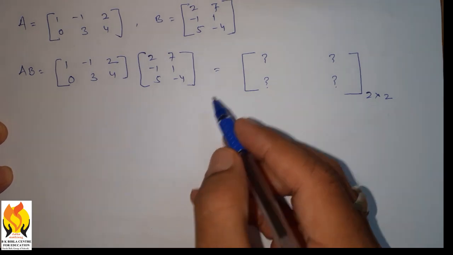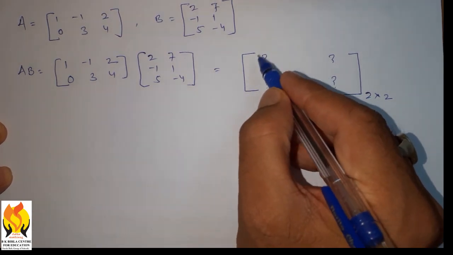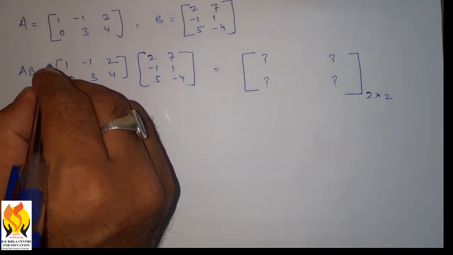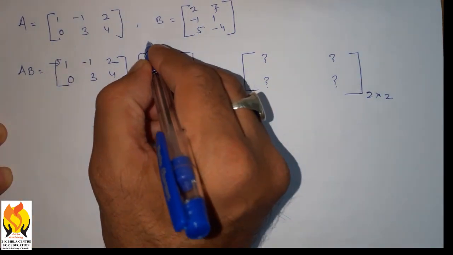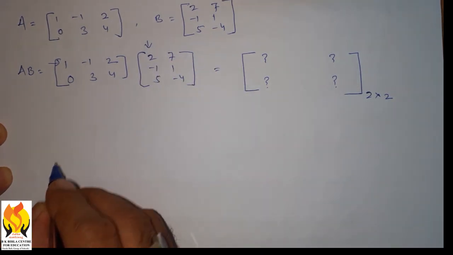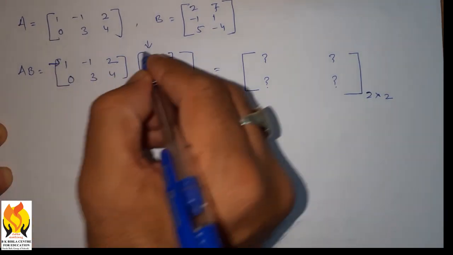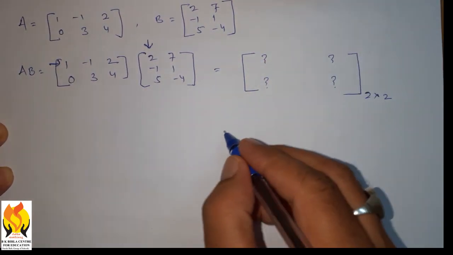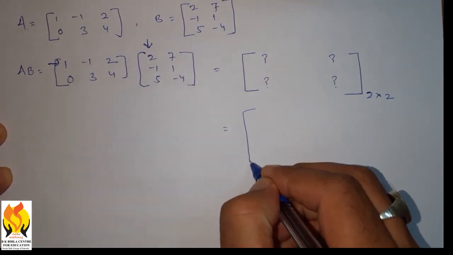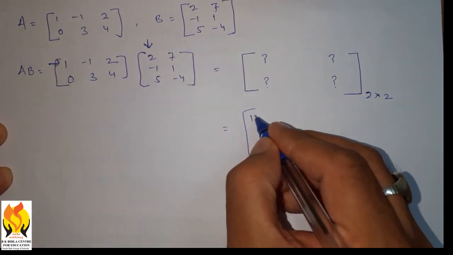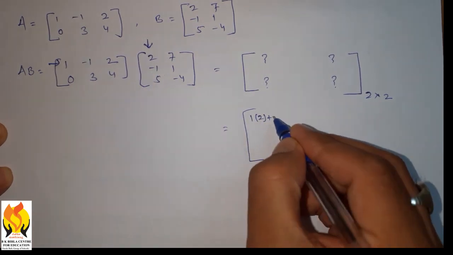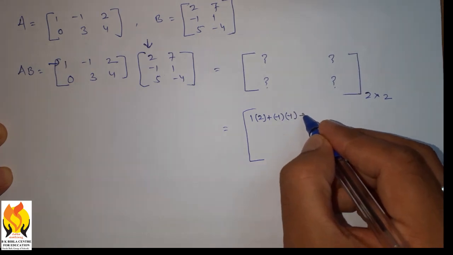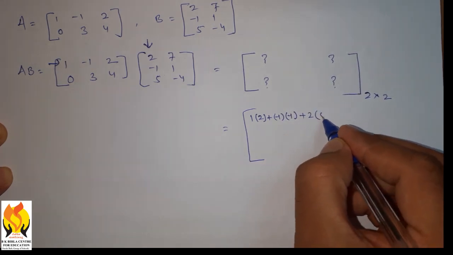To get the element at the place A11 in the resultant matrix, we have to multiply R1 with C1. If we multiply R1 with C1, we'll have the element at A11. How will we get it? We can check. 1 into 2 plus minus 1 into minus 1 plus 2 into minus 5.